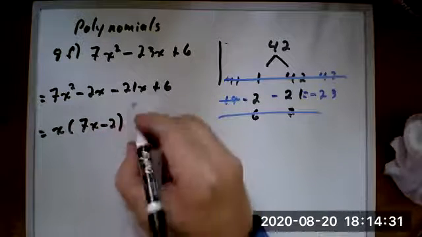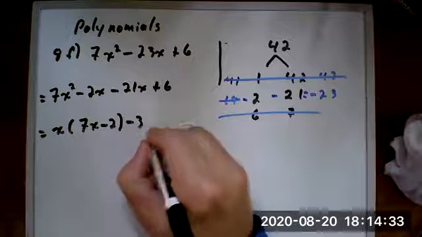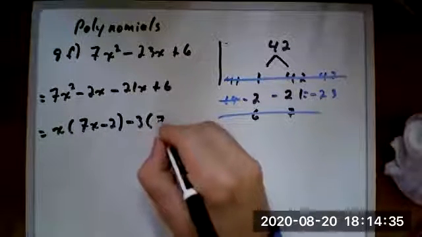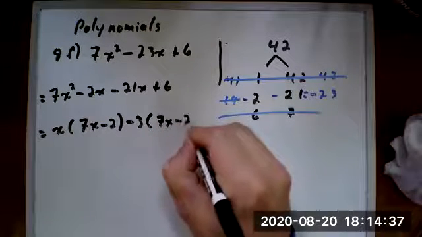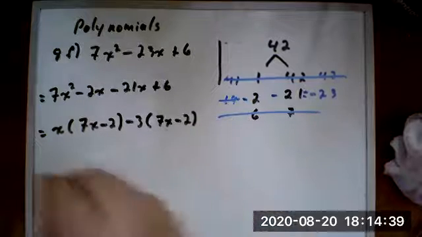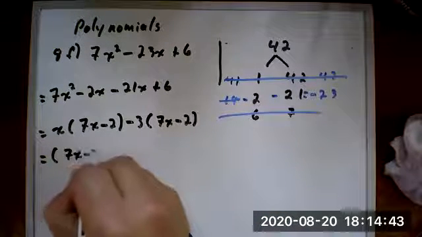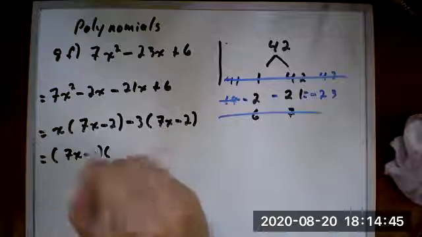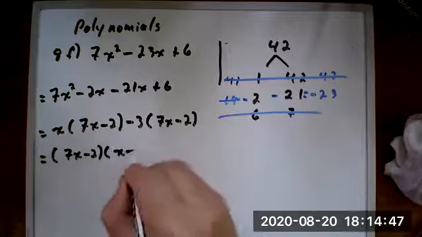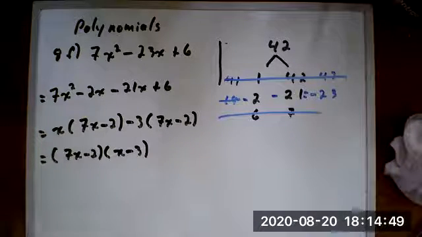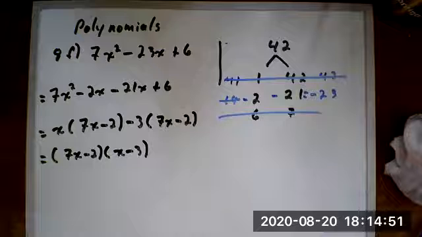Out of the second two terms, I can pull out a minus 3, leaving me with 7x minus 2. My brackets are now the same. And our final solution says 7x minus 2 times x minus 3.